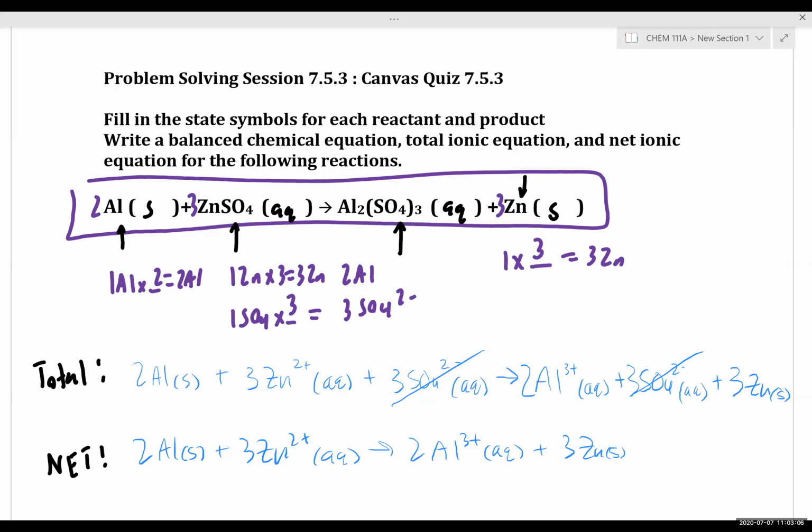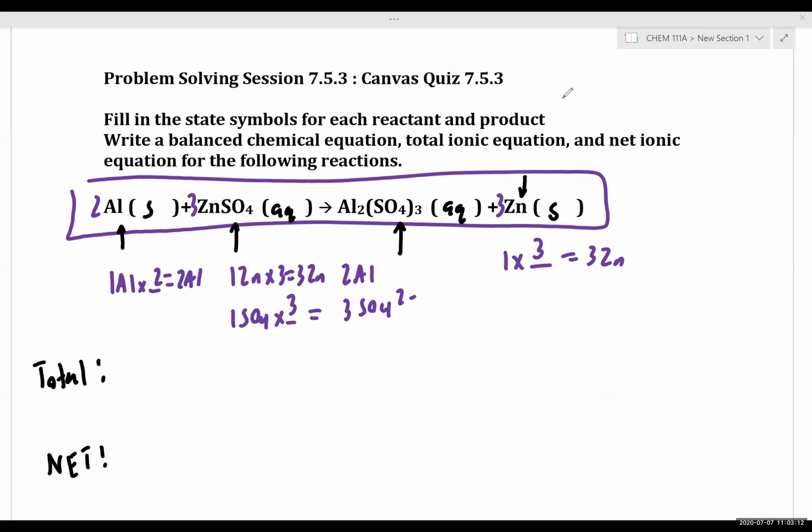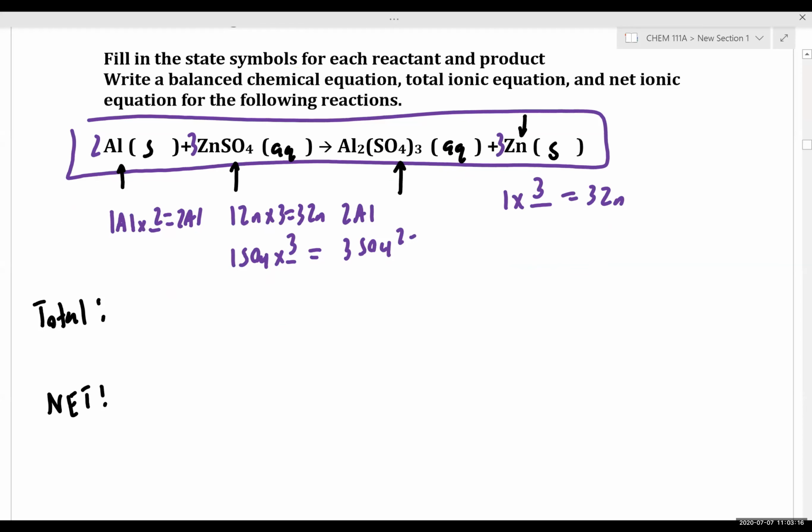So let's discuss this example now. I'm just going to clear so that when I rewrite the solution, it's visible when I export this file. So let's look at our total ionic equation. Aluminum, we do not dissociate because it's a pure element.